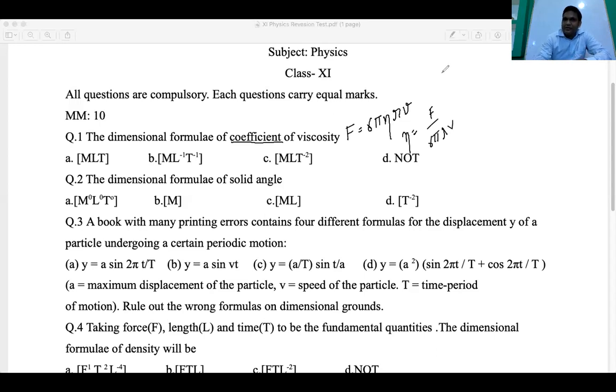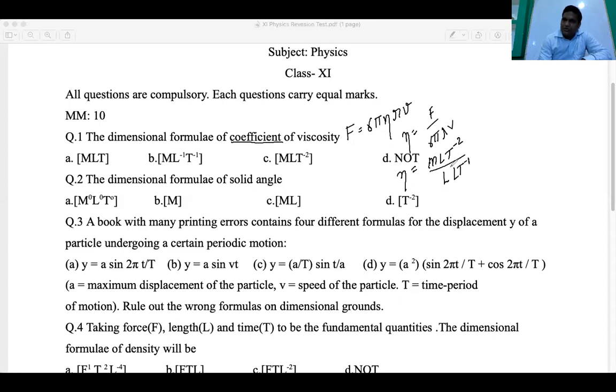If you write it like this, you can write the dimensional formula of each term. Eta is equal to force, which is M L T minus 2, divided by 6 pi, a constant that is dimensionless, and the radius, which has dimension L, and velocity, which has L T minus 1.